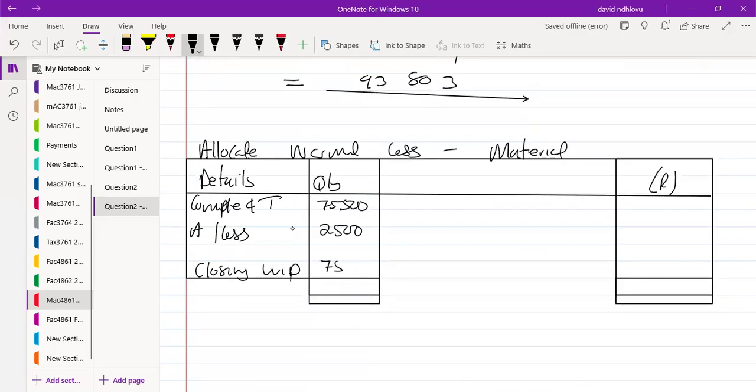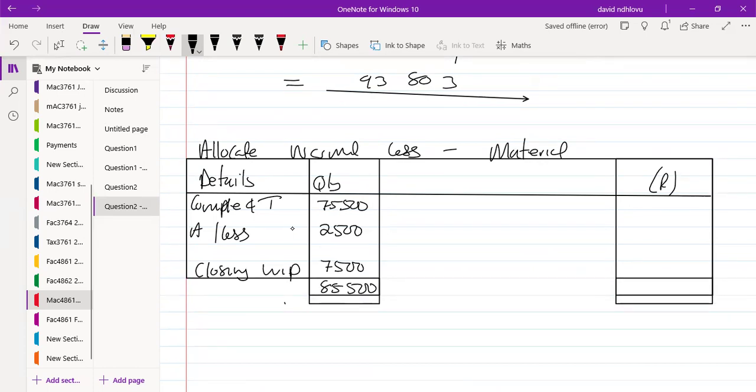Now, normal loss by nature will be shared to these three things. The total value of normal loss must be split between completed and transferred, abnormal loss, as well as closing WIP. So you don't put normal loss there. So 75,500 plus 2,500 plus 7,500, all in all, we then have a quantity of 85,500.